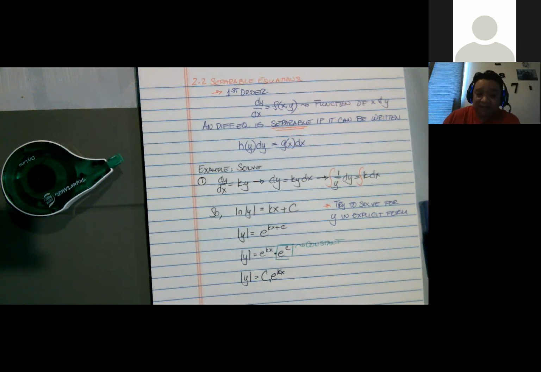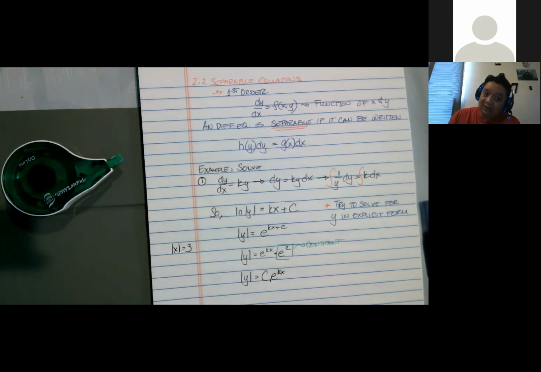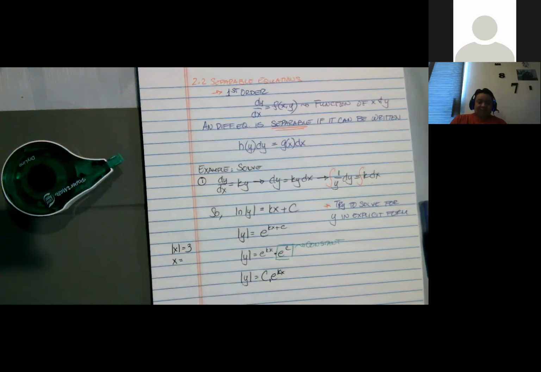What I mean is, if this was my equation right here on the side, the absolute value of x equals 3, how do I remove the absolute value? So how do I get x by itself on here?